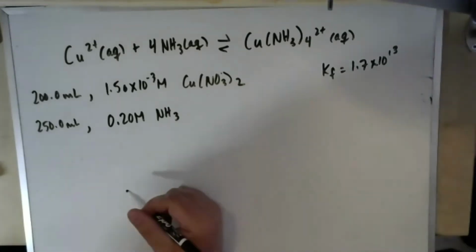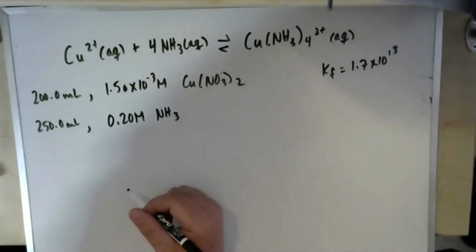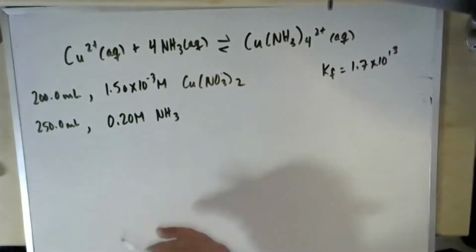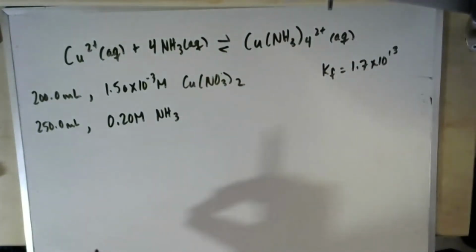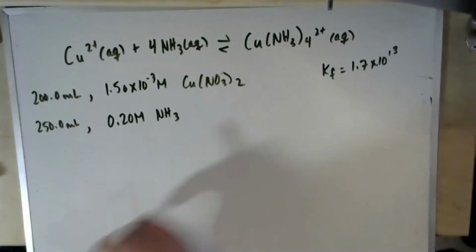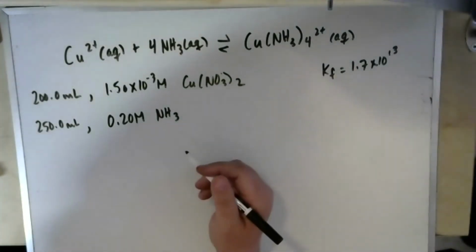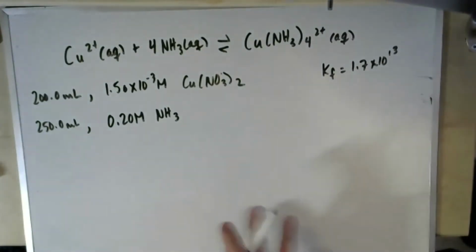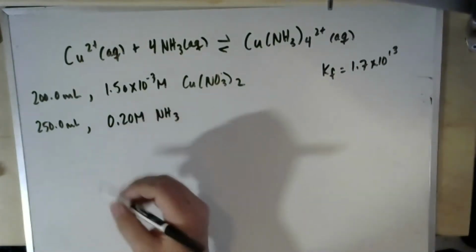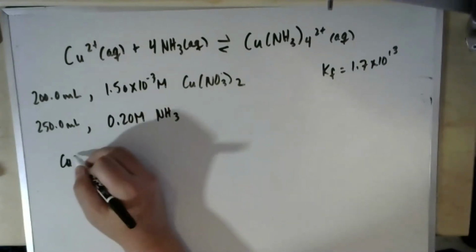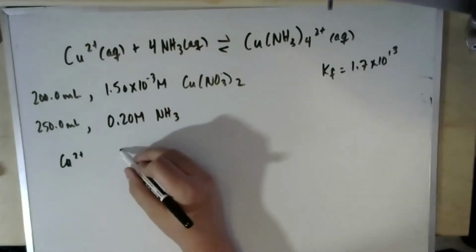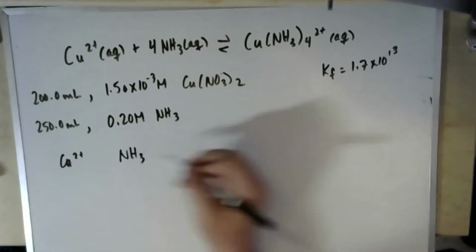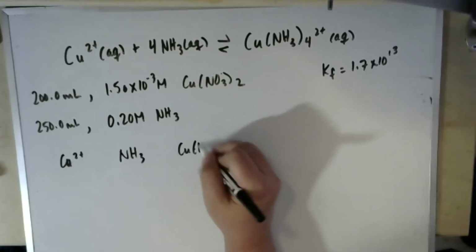So the first thing that we want to do here is kind of figure out what our concentrations are going to be for our ICE table. That kind of makes sense. Okay, so we have Cu2 plus, we have NH3, and we have Cu(NH3)4.